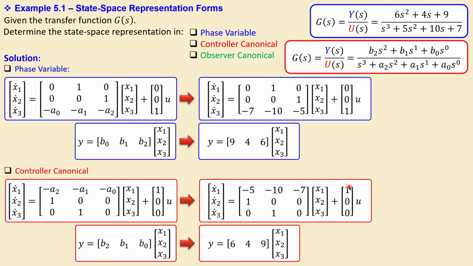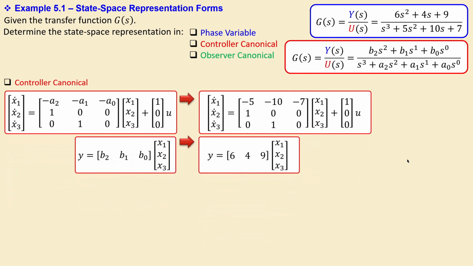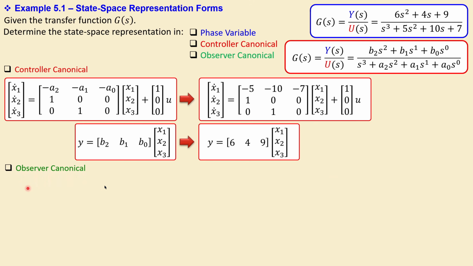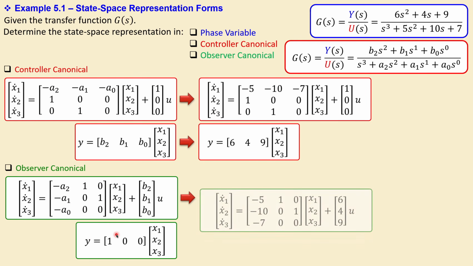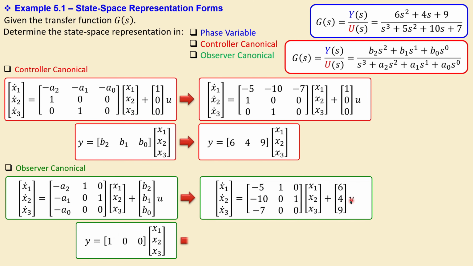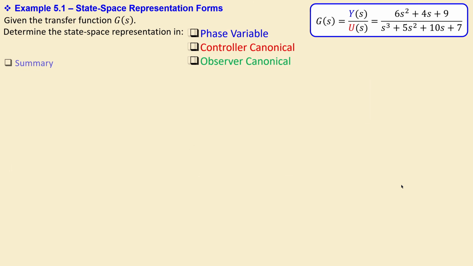This is only 1, 0, 0, not 0, 0, 1. Okay, looking at the final one, which is the observer canonical form. Again, we just use the template, moving to the values here, template here, template there, and exactly as we did before.